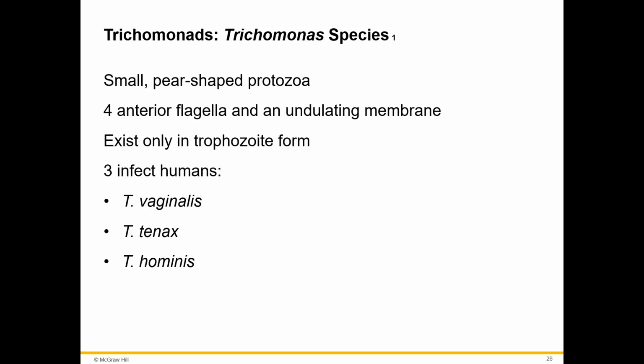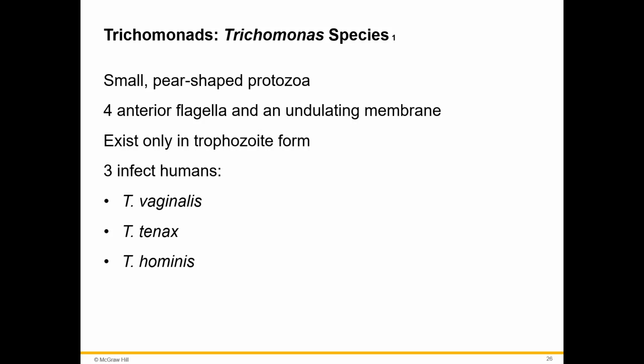Okay. Moving on. We're going into the different types of Trichomonas species. These little species are very small, kind of pear-shaped, still protozoans. Trichomonas species can be identified very easily because they have these 4 flagella present on them.